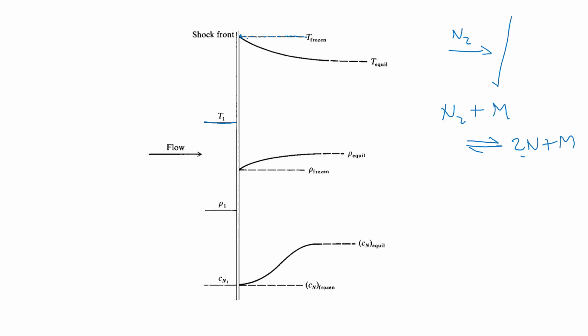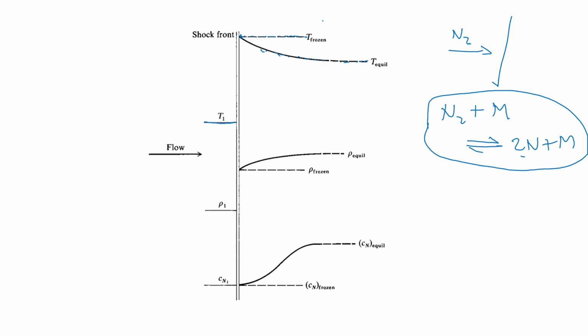and this temperature will keep decreasing till it attains the equilibrium flow. Whenever there is chemical equilibrium, it means there is no more dissociation of nitrogen, and there is vibrational equilibrium also.